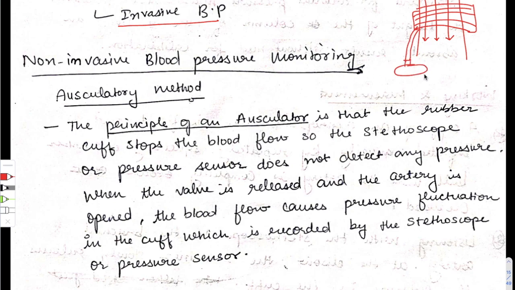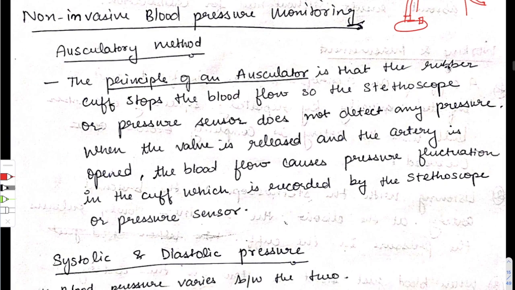Suppose this is an inflating device. Then they start to deflate the cuff by loosening the valve. They also put a stethoscope around it and listen to the sounds of the pressure or of the flow of the blood.